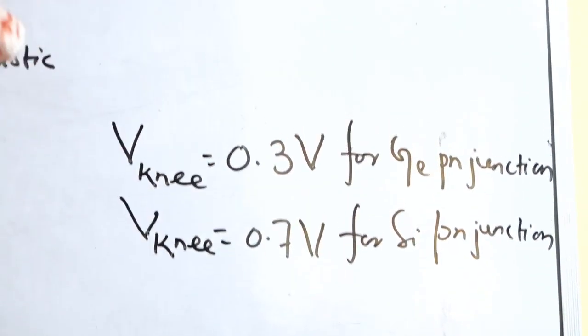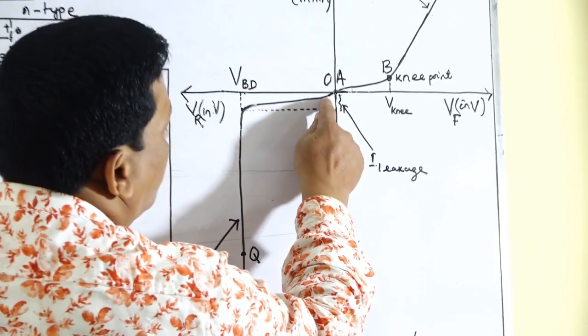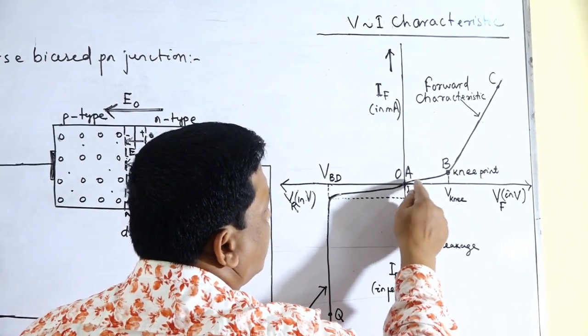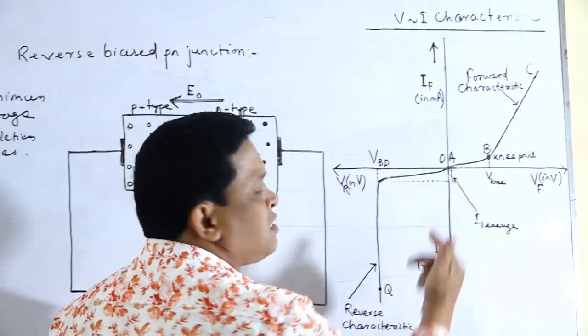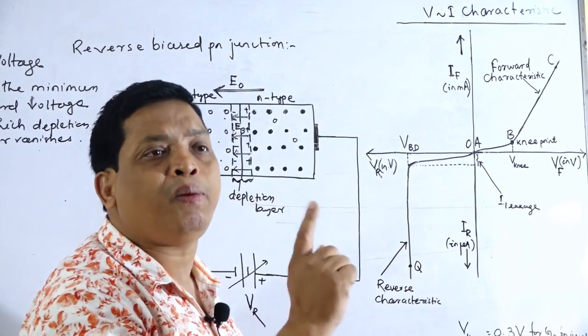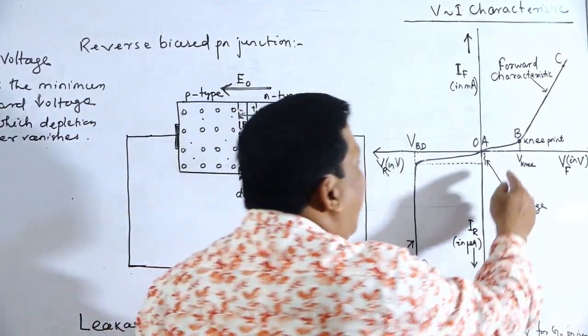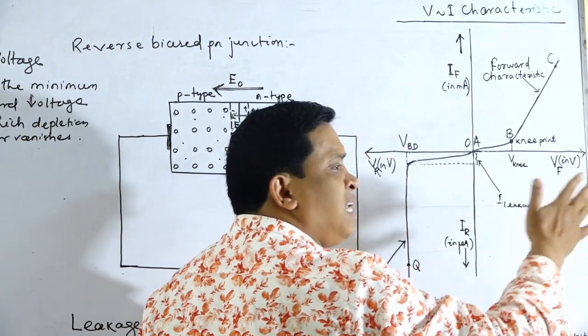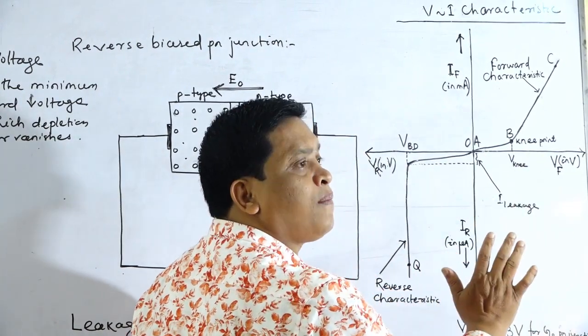Okay. Now look here, from 0 to knee voltage, with increase in voltage, the current does not increase appreciably. It is because there exists depletion layer. But at knee voltage, depletion layer completely vanishes. There is no more depletion layer.